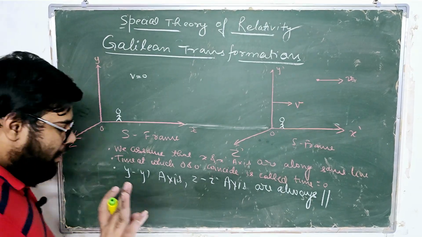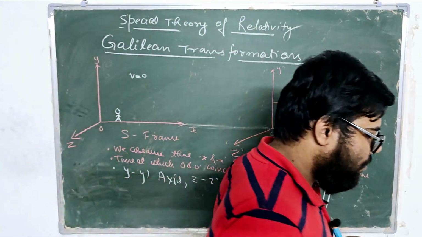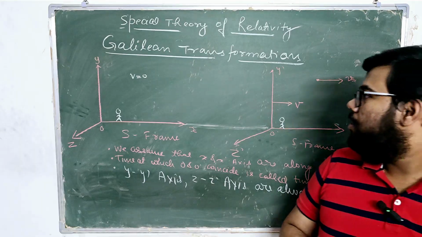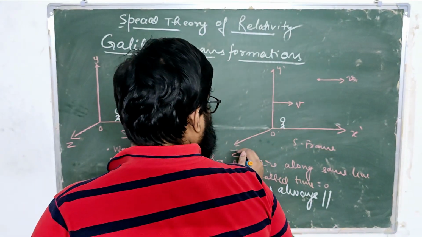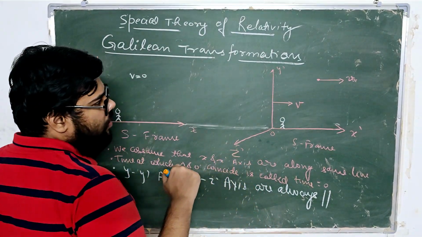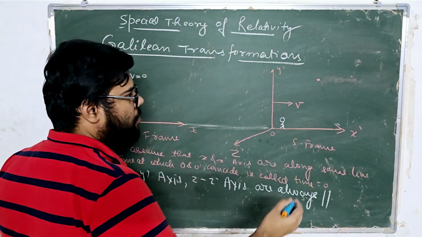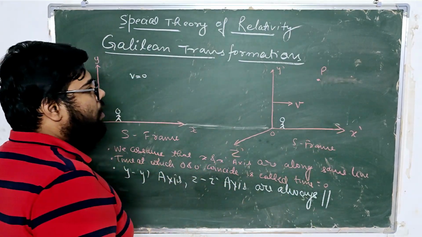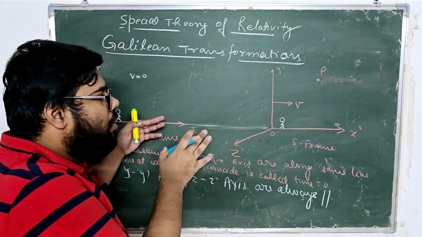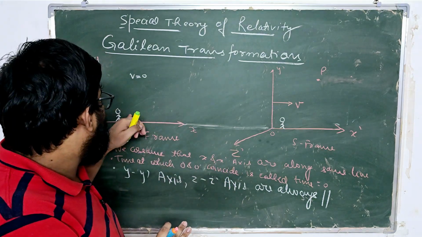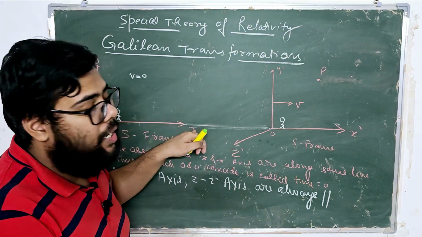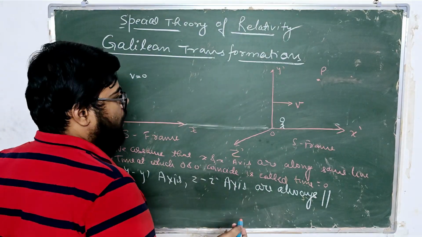Now let's start. Suppose this particle is currently at rest. Now what will be the coordinate of this particle if I assume it with respect to the S frame? Let's calculate it.